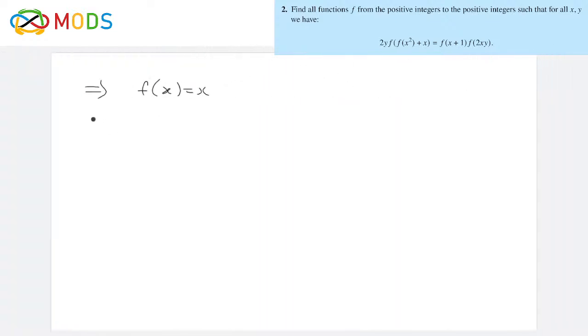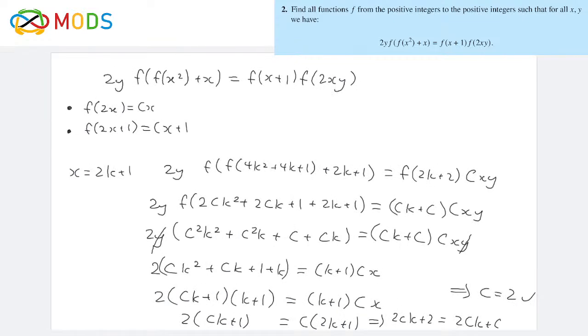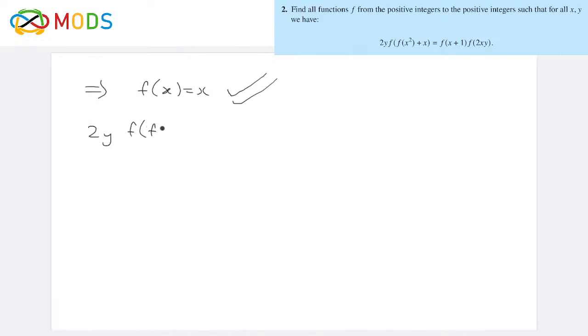So that's just 2yx squared plus 2yx on this side.